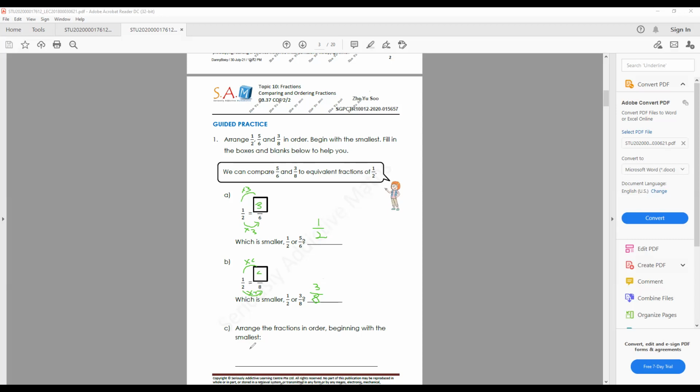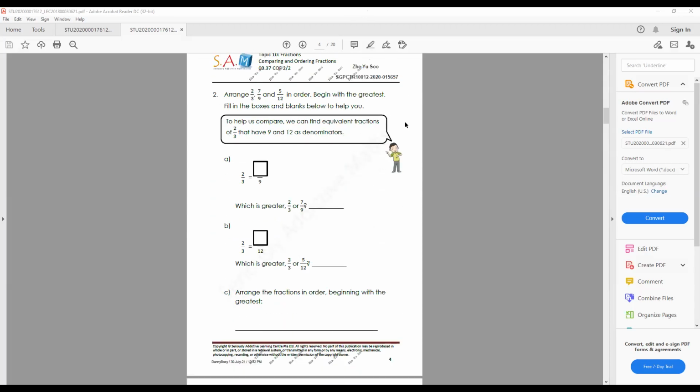So let's arrange. Answer is 3 out of 8, followed by half, and the greatest is 5 out of 6. Okay. All right, let's move on to the next question.